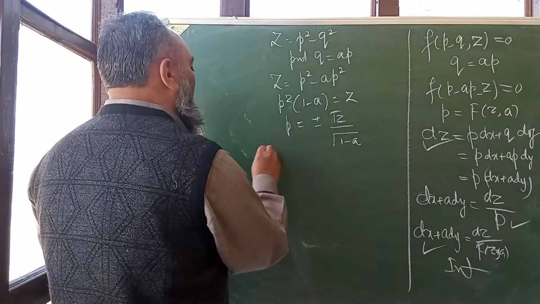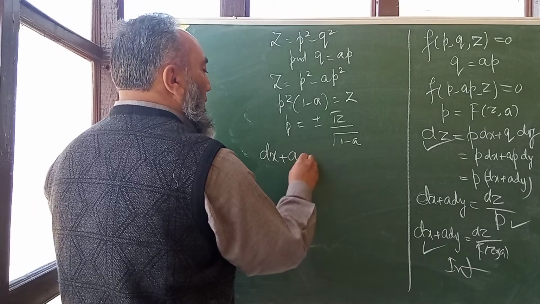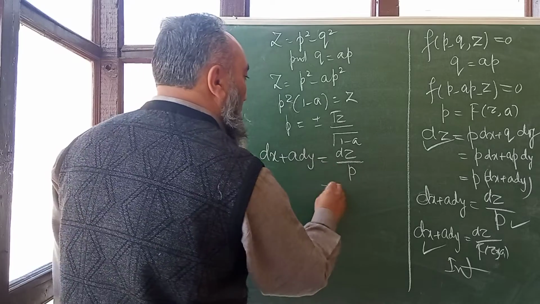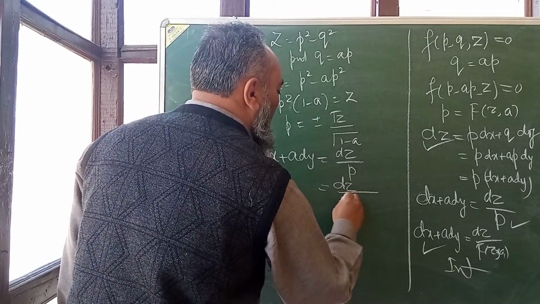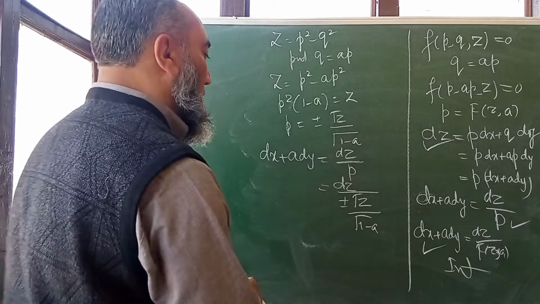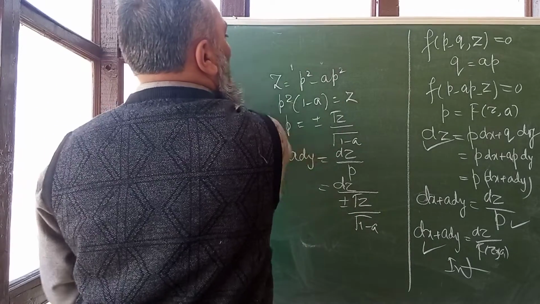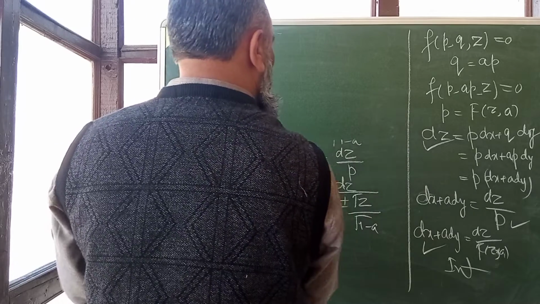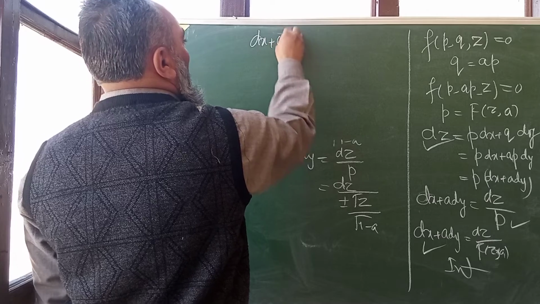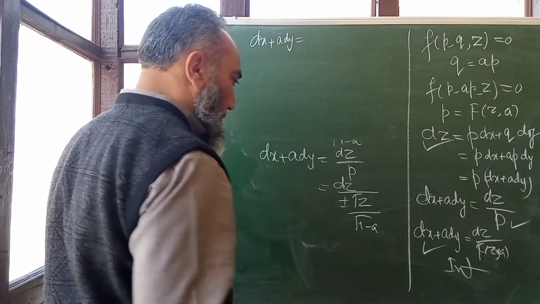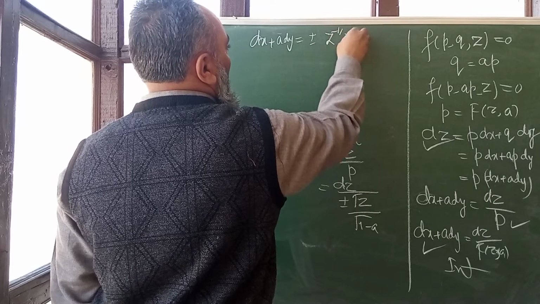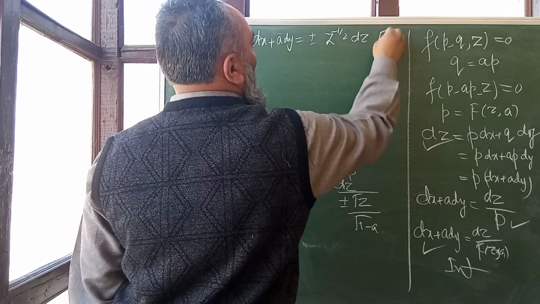I know dx plus A dy equal dz by P, which is equal dz by plus minus root Z upon 1 minus A. Or dx plus A dy equal plus minus Z raised power minus half dz into root 1 minus A.